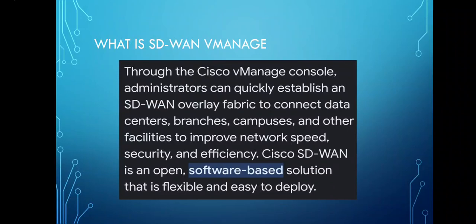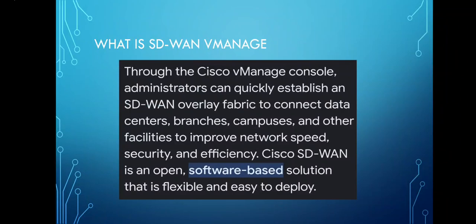Again, SD-WAN vManage is nothing but a software based solution which takes care of administration. So the SD-WAN overlay fabric is made up of VHs. They are used to connect data centers, branches, campuses, and other facilities to improve network speed. We manage it through a console.